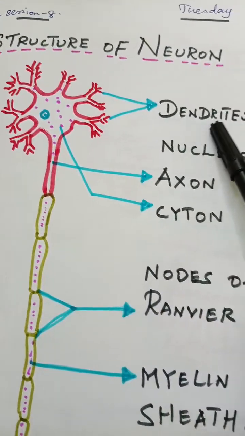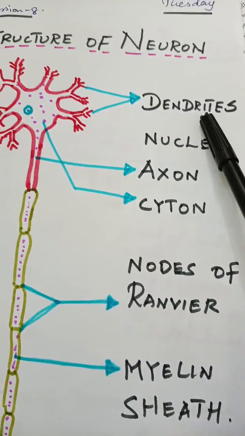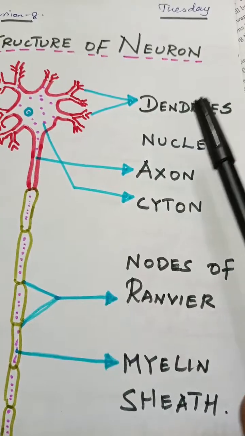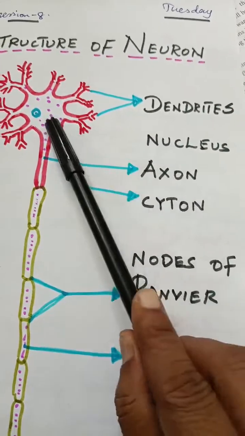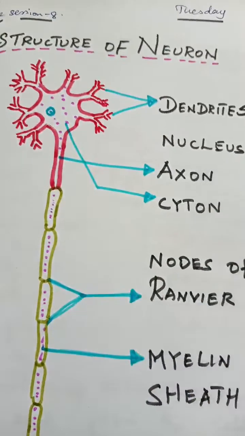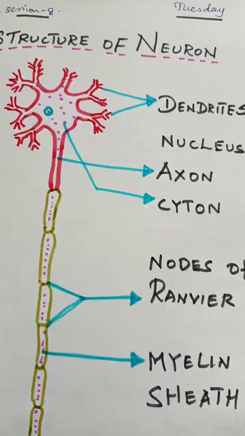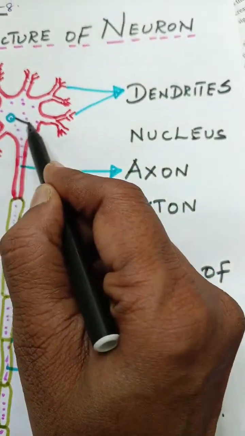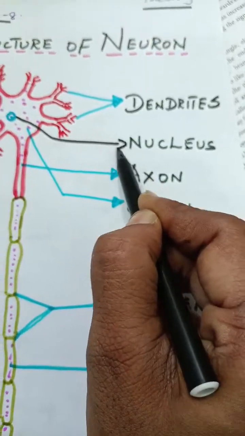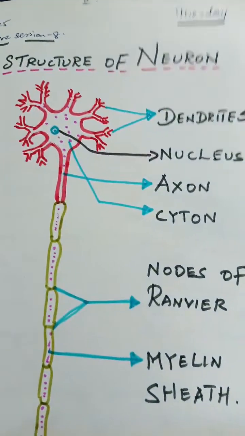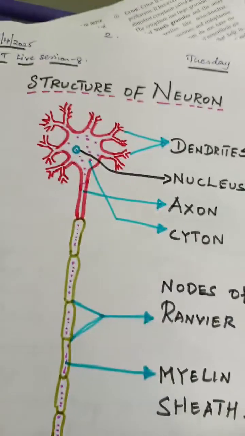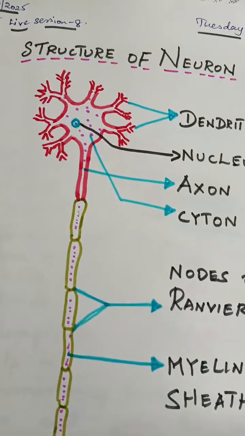These branches are nothing but the dendrites. Is that clear? And then you will have a nucleus here. This nucleus is present in the cytoplasm. Every cell of the living organism will have a nucleus. We studied in genetics that the nucleus is the master, the brain of the cell.